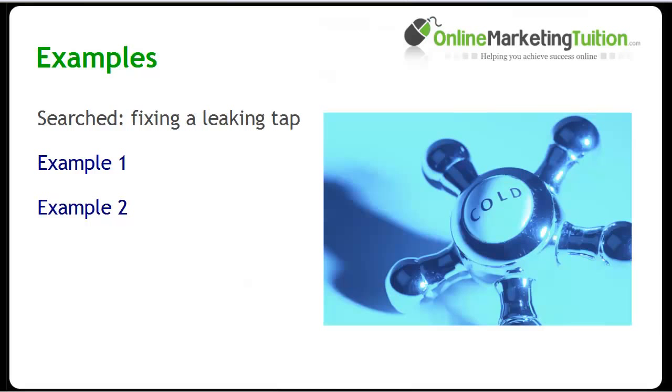So I searched fixing a leaking tap. So thinking about the audience again, who are they? Well, I would say maybe a homeowner, somebody that does DIY, wants to sort things out themselves. They might be on a budget, so they might have a limited income. What they're looking for?